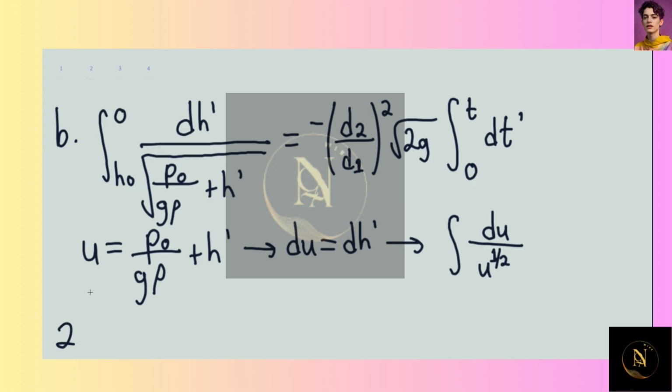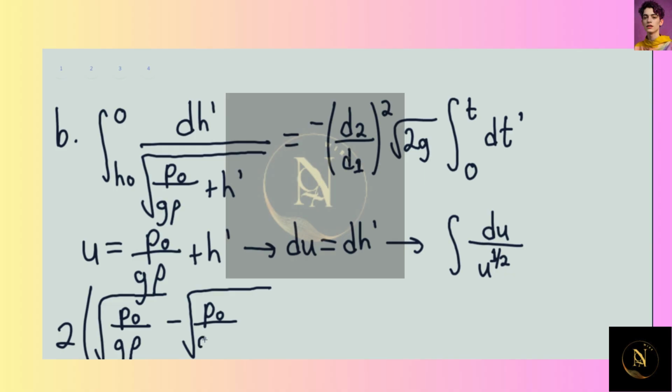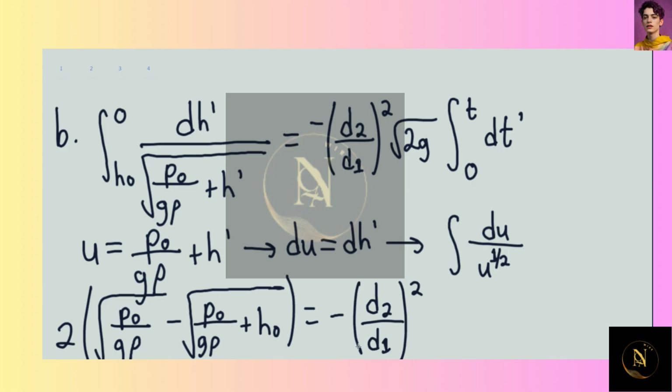We have enough space. 2 times the square root of p initial divided by g times rho plus h initial, minus the square root of p initial divided by g times rho, close parentheses, and this would be equal to negative, again, d sub 2 divided by d sub 1 quantity squared multiplied by t times radical 2g, or the square root of 2g.